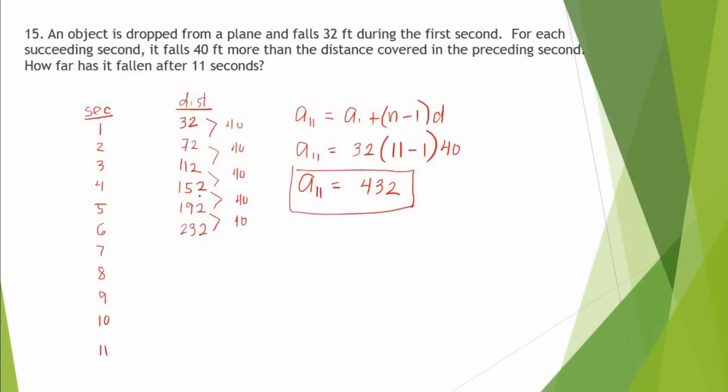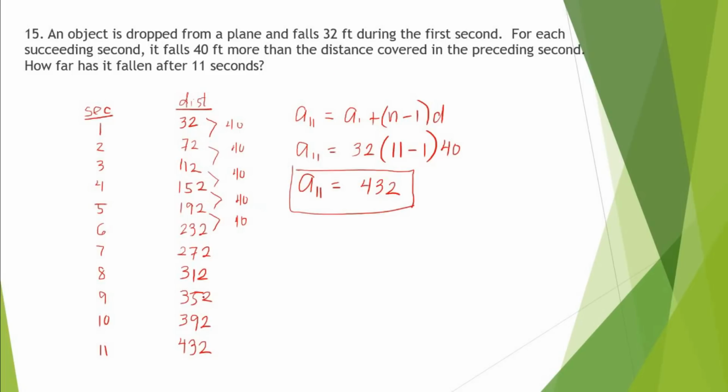I will just complete this tabulation here so that everything will be clear. So we have 232. 232 plus 40, we have 272. 272 plus 40, 312. 312 plus 40, 352. 352 plus 40 is 392.